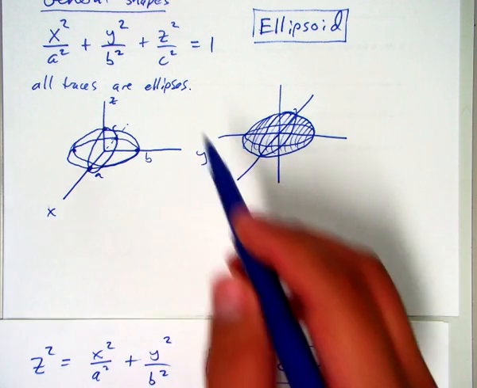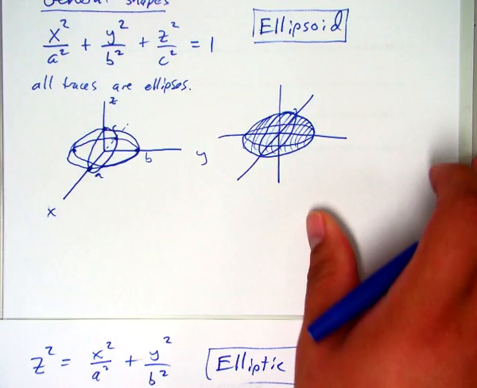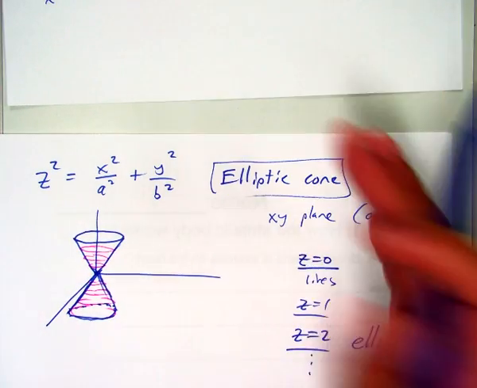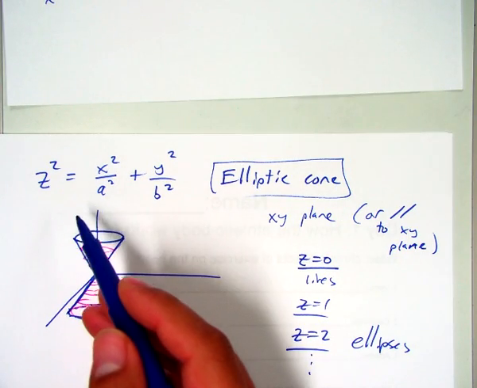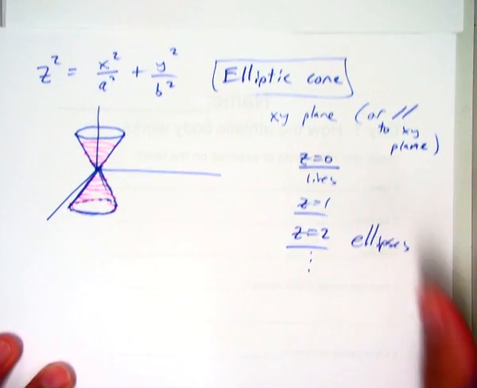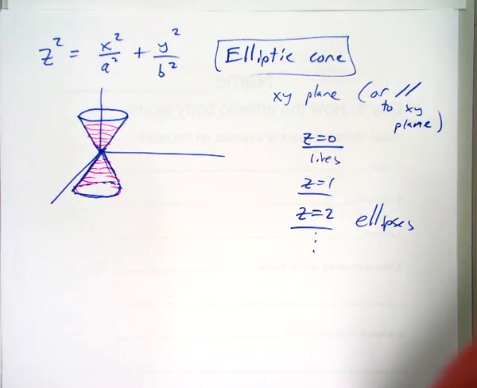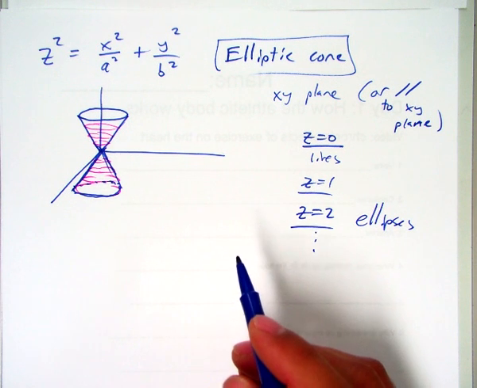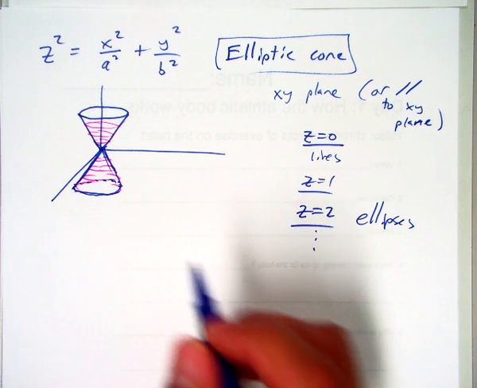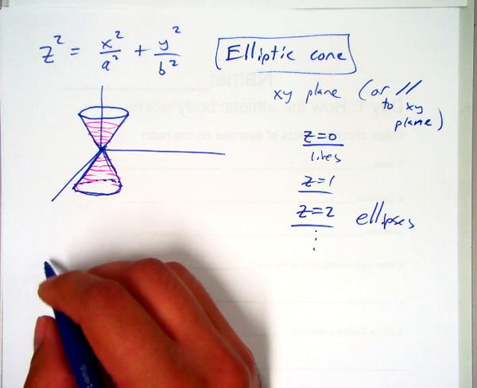Whenever you have that, you'll be able to set it equal to 1, and then you'll get an ellipsoid. Whereas here, you can't set it equal to 1. If anything, you can set it equal to 0. That's how you can differentiate. And that's good, that you're looking for ways to differentiate between the different shapes, because they are going to look kind of similar, but there are going to be some differences that will help you remember what's what.